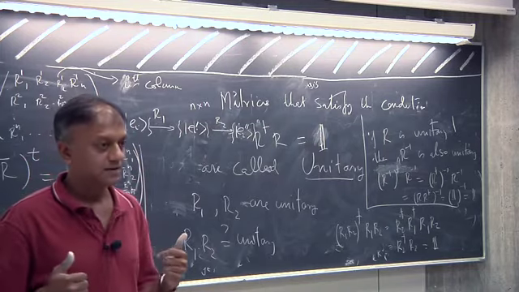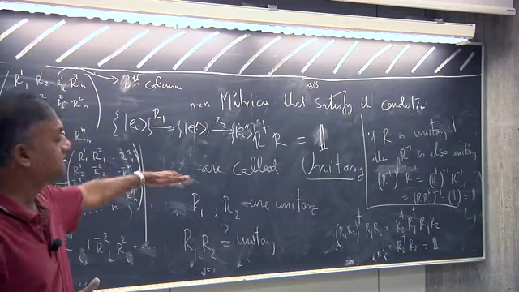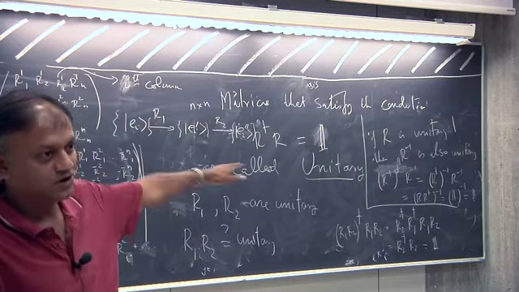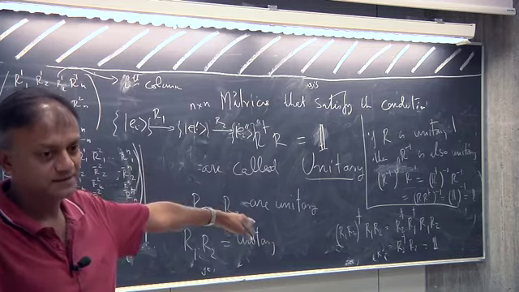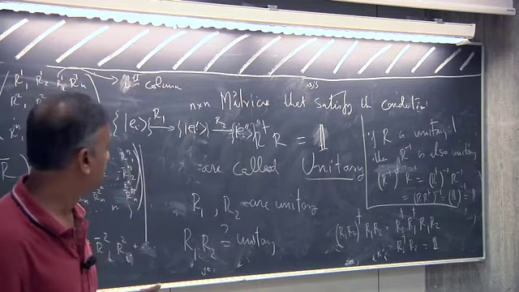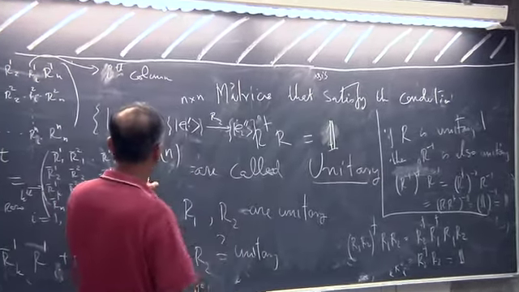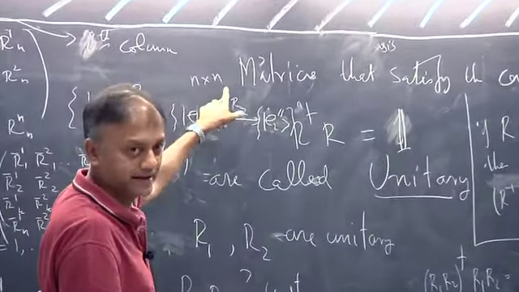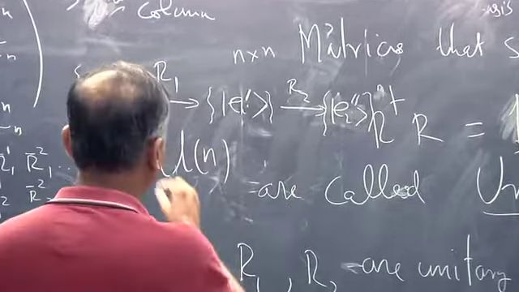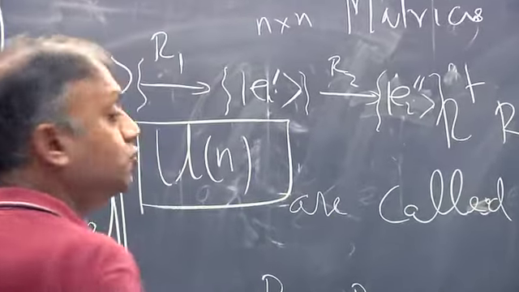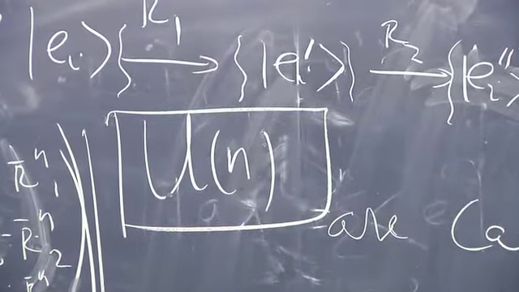This is called a unitary group, by the way, because it's a group consisting of unitary matrices. You usually denote this group by U(n). U stands for unitary, n stands for n by n. So such a group is called the unitary group of n by n matrices.